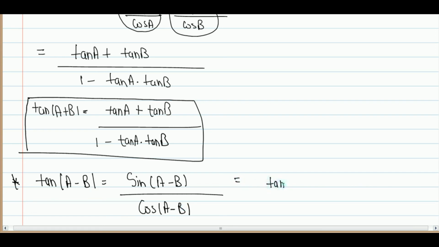The final value will be equal to tan A minus tan B divided by 1 plus tan A into tan B.